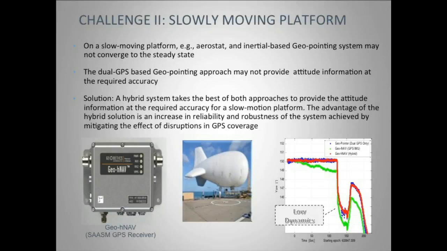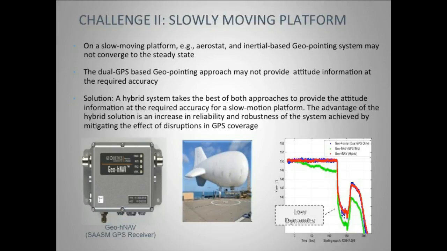But the need for having the sensor pointing or geopointing is very important in this application. Now, in this case, we do have enough room on the platform to have a fairly large antenna separation, so the dual antenna or interferometry-based solution is applicable. But there's some limitations to it, and I'll talk about those in a minute.